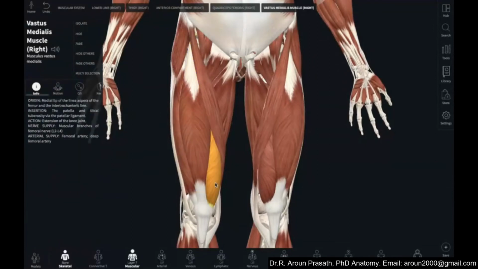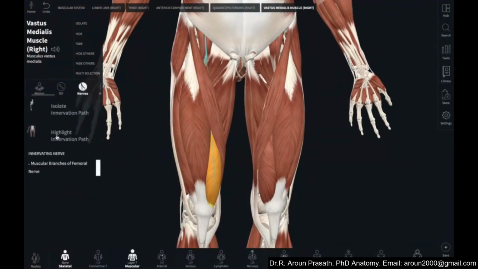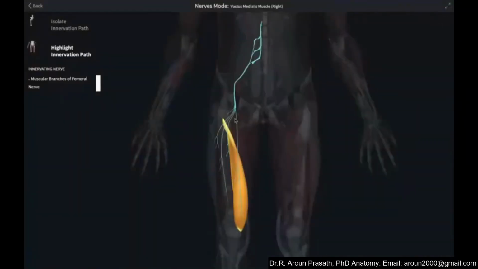This femoral nerve I want to show you. Just see, the femoral nerve starts in the lumbar region.